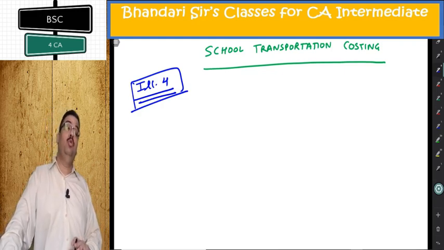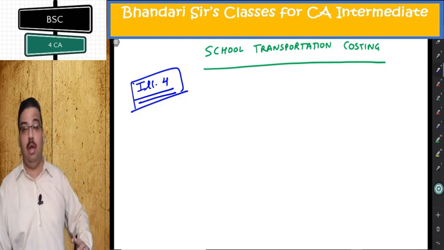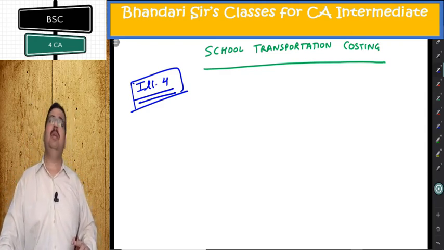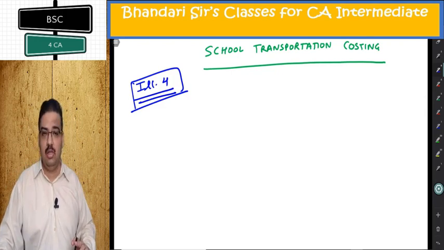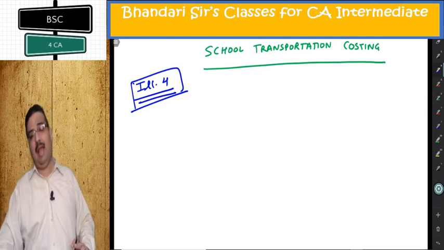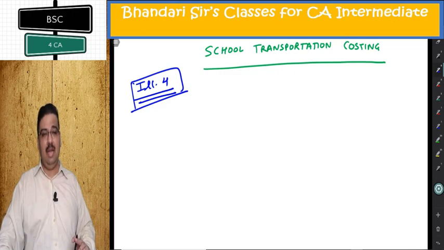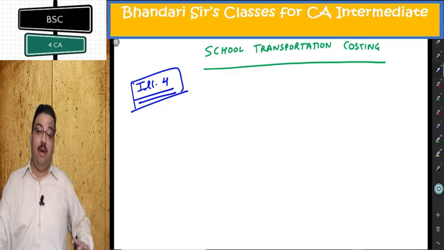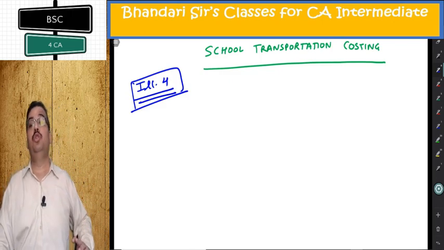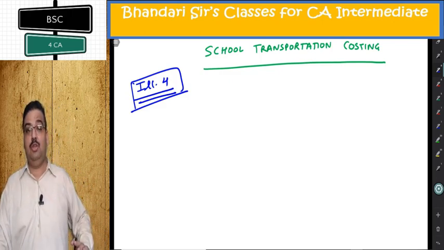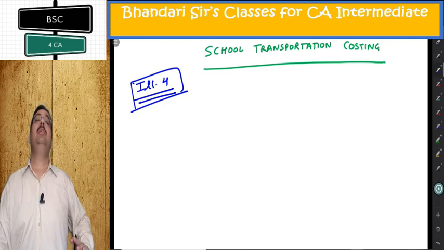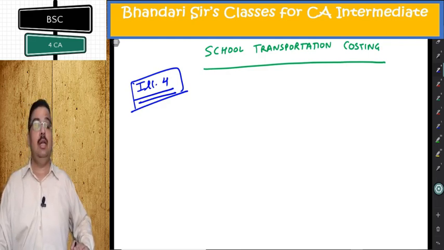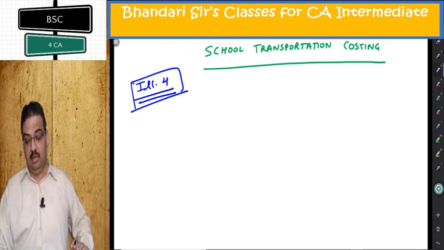Senior students who went to school early at 6:30 or 7 come back from school at 4 p.m. The junior ones go at 8:30 and come back at 1 p.m. So buses are doing 2 trips in the morning, one for senior students, one for junior students. Whatever students they have brought will be sent back home in reverse order, first junior students and then senior students. That is the story given here.